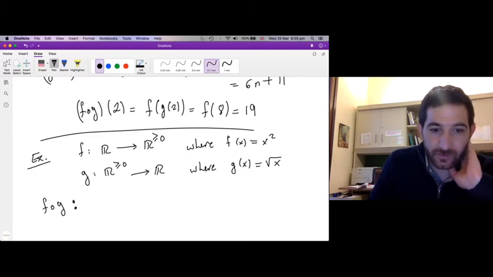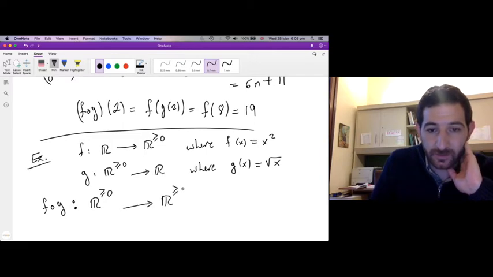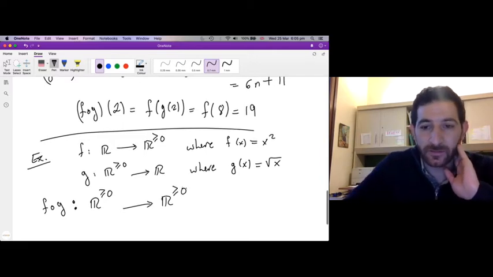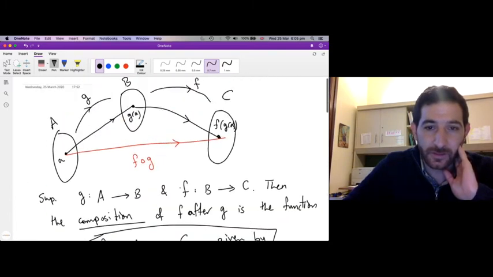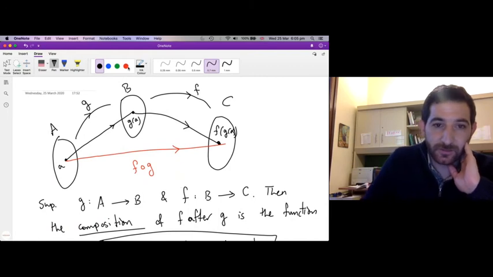Okay, so let's compute what is f after g. This is a function whose domain is the domain of g, right? Because we first apply g. And the codomain is the codomain of f, which is also the non-negative real numbers. Let me go to the first diagram above. Notice here, let me use the red.